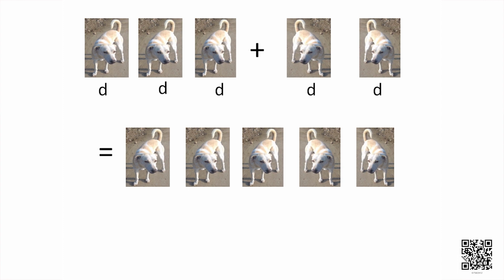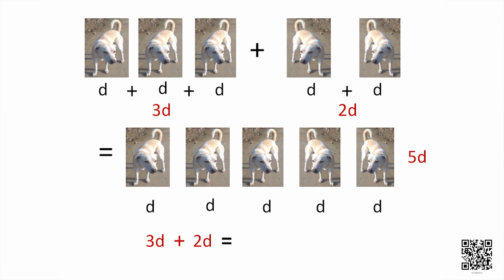So if we add these Ds, it becomes 5 Ds. In algebra, we write these as 3D plus 2D and that gives us 5D. For this, I have written an expression 3D plus 2D equal to 5D. So this is called an algebraic expression.